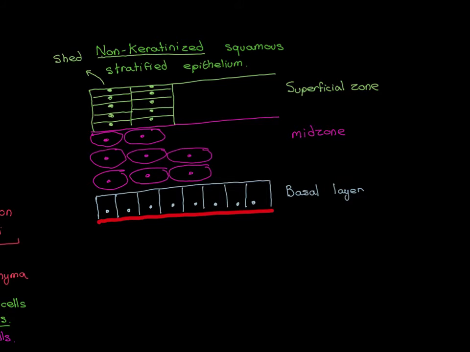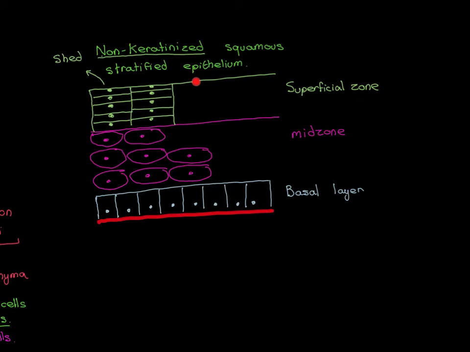So, in a keratinized squamous stratified epithelium, the epidermis of the skin being the major example, the cells, as they undergo this differentiation process, become absolutely full with this cytoskeletal protein keratin, and they become so full of keratin that they actually lose their nuclei by the time they are in this outermost layer of cells of the superficial zone.